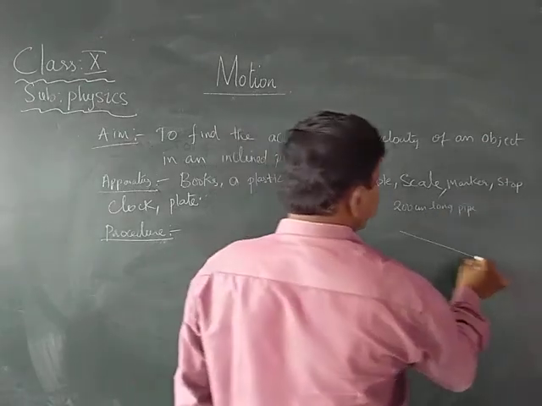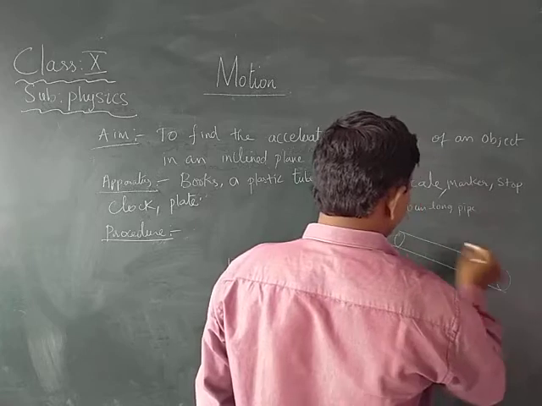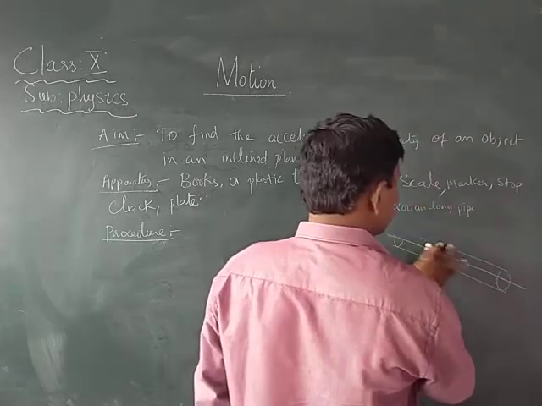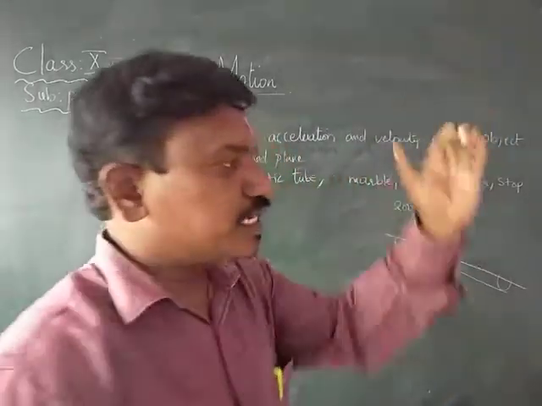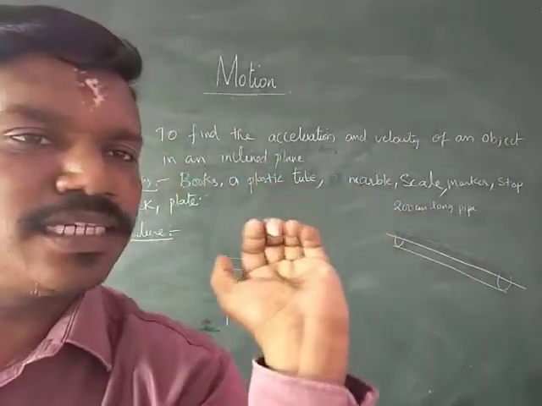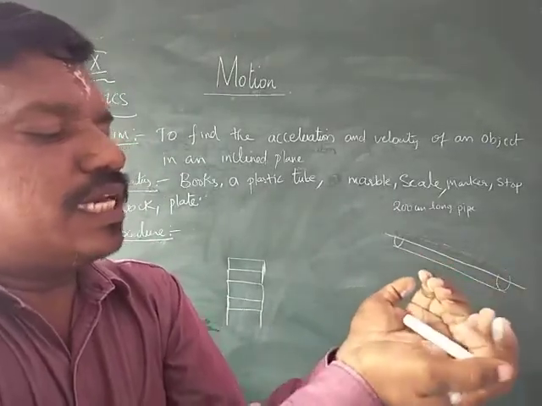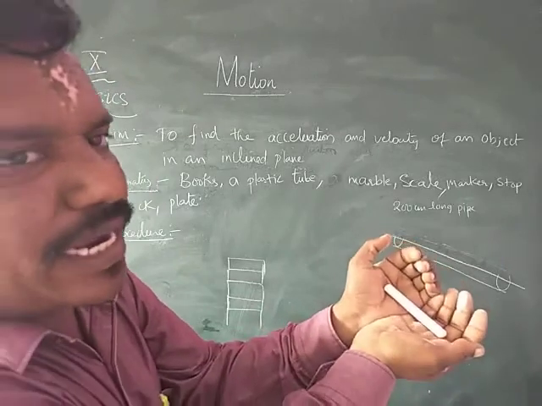Take the 200 centimeter pipe and cut it in half, such that it will be in such a position. Whenever we place an object, a marble, over there, it can roll down if I keep it inclined.